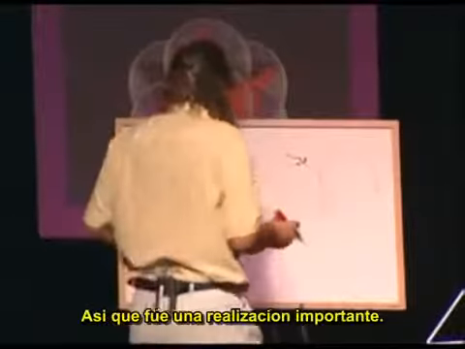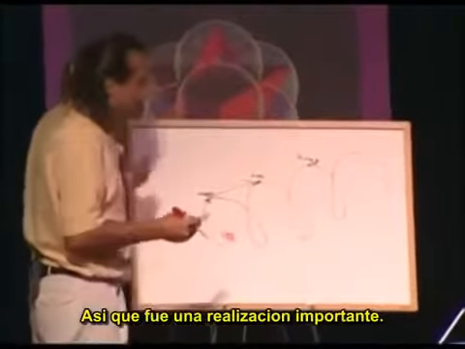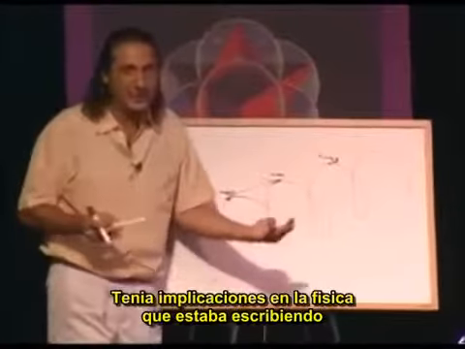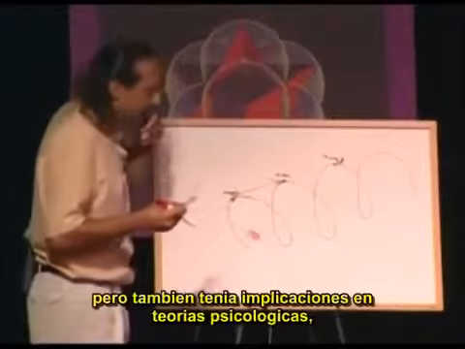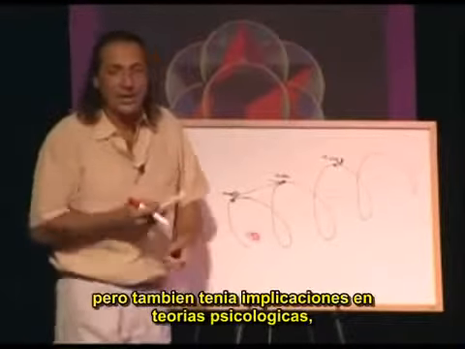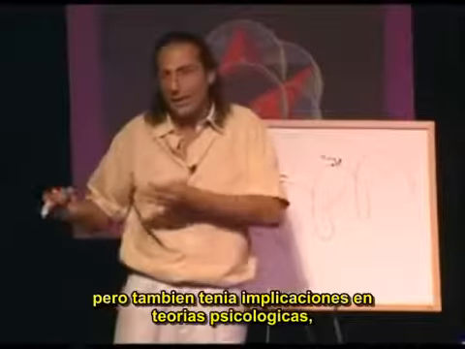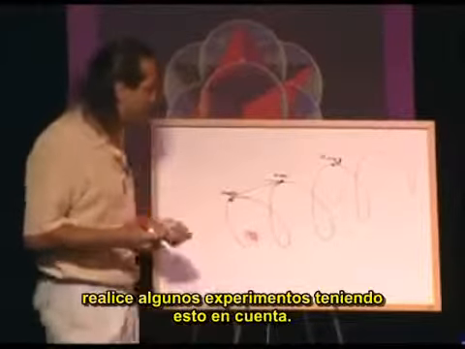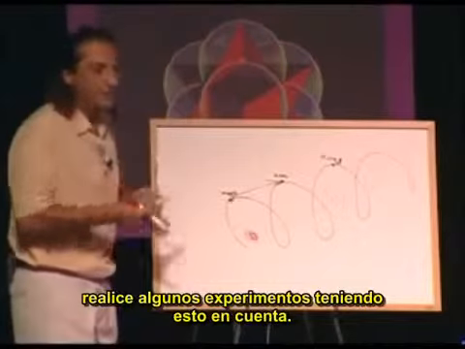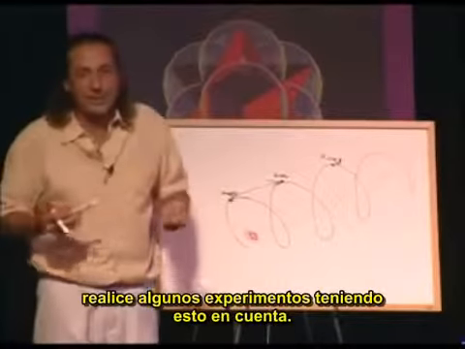So it was really an important realization. It had implications in the physics I was writing, but as well it had implications in psychology theories that I was interested in, because I've experienced and experimented on this since then.